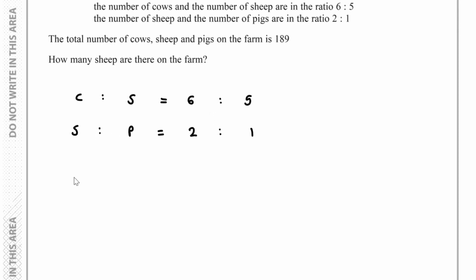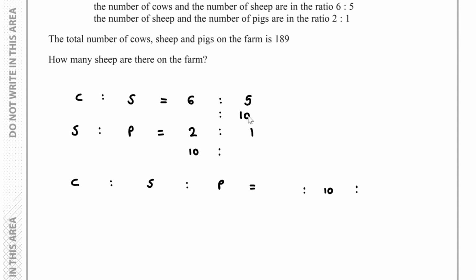Well, before we do that, we can find out the ratio C to S to P. So if we work this out, well, here we need the S's to be the same, so the lowest common multiple of 2 and 5, that's 10. So what we're saying here is we want 10 here and 10 here.